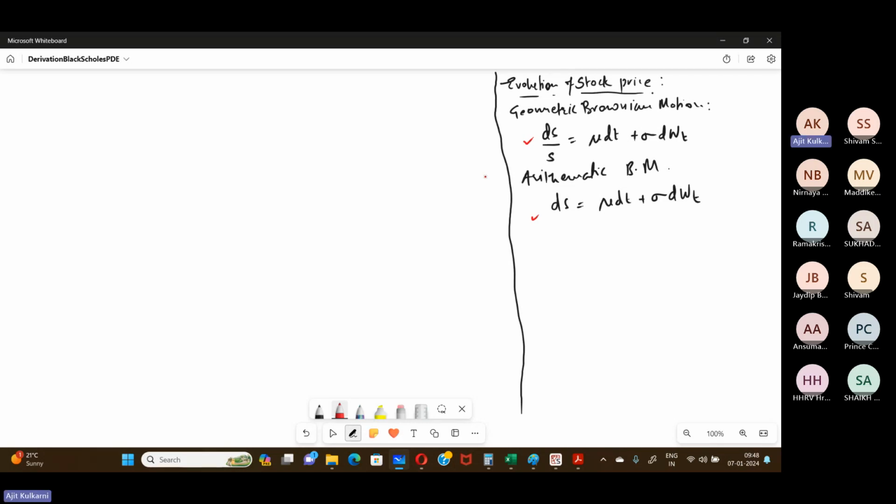Okay. So what is dS? dS is the change in stock price. Correct. Now change in stock price is described as follows. mu is a constant, correct?